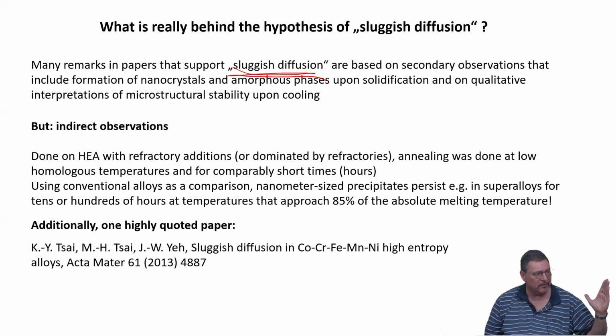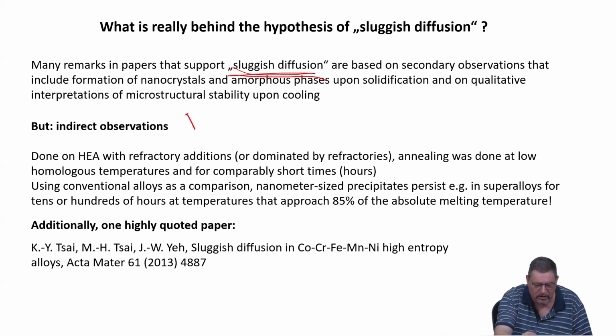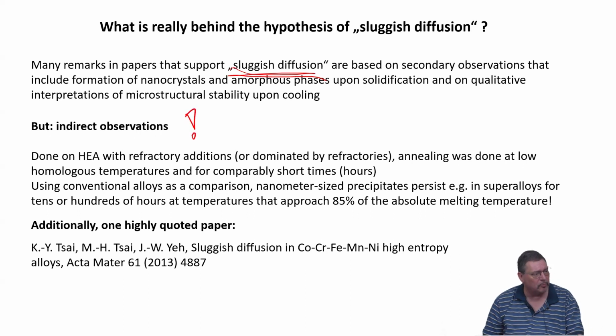These materials can withstand a certain grain size up to a higher temperature. They can keep the yield strength at a high level up to higher temperatures. But to infer from these measurements that it's due to sluggish diffusion is, scientifically speaking, a hypothesis. So they are indirect observations, which is very important. It's not a proof, it's just a suggestion, right?